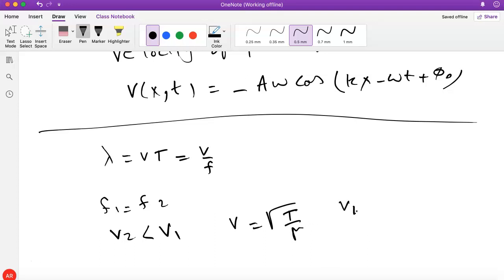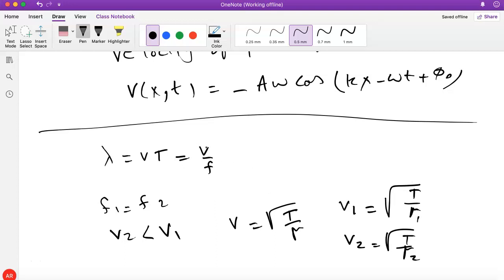V1 is the square root of tension over mu1, V2 is the square root of tension over mu2, and tension is the same, mu2 is larger than mu1, so V2 must be smaller.